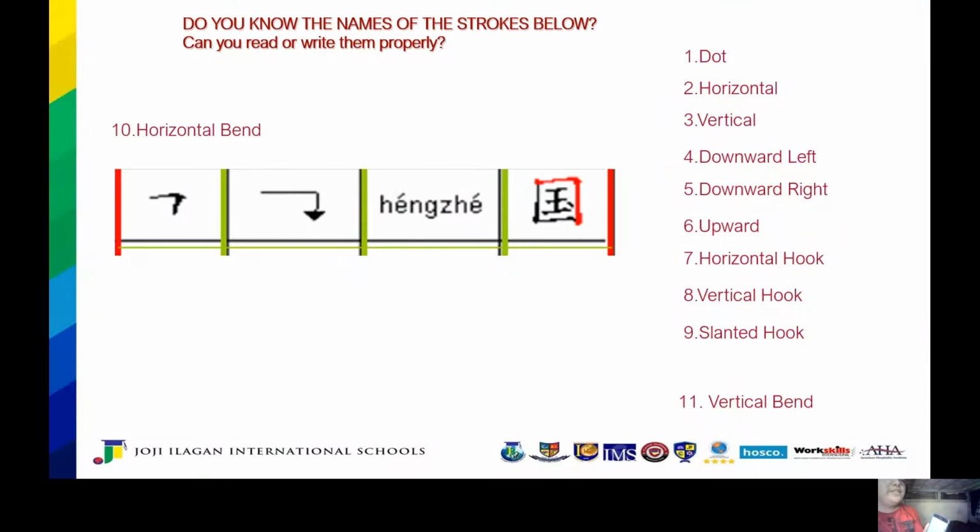Number 10, second to the last, horizontal bend or hengzi. It's just like the horizontal line, then you put a bend or a vertical line, no? So, ganito yung pagsulat. Let me show you.